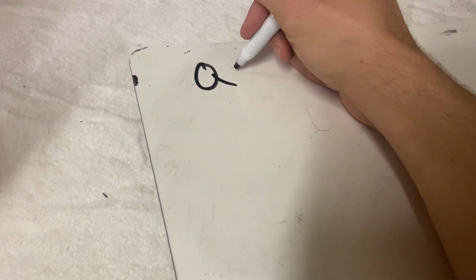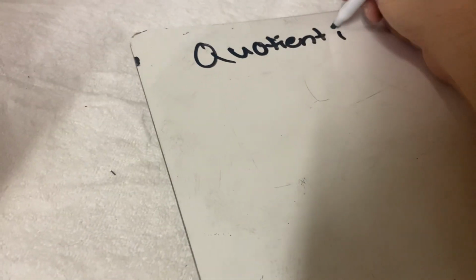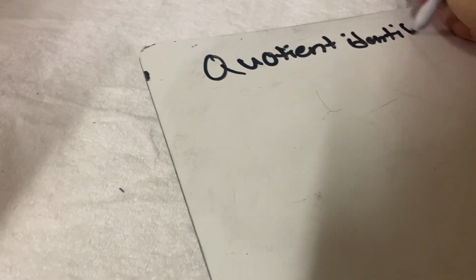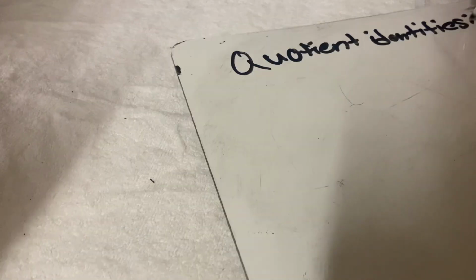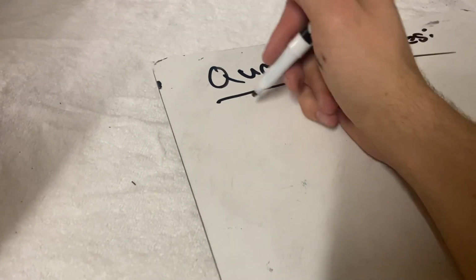Now let's move on to the quotient. Okay. Quotient identities are only 2 formulas. So let me write this out. Quotient identities. Okay.